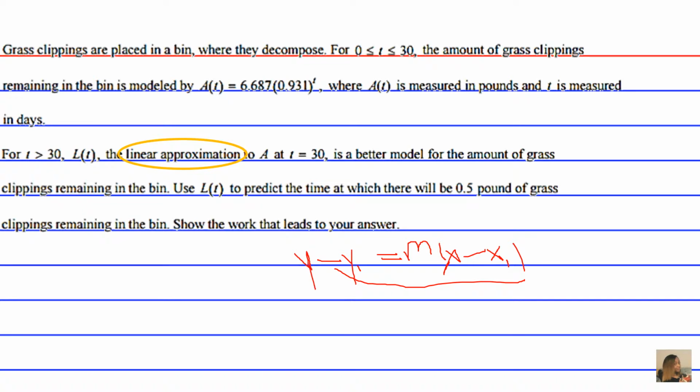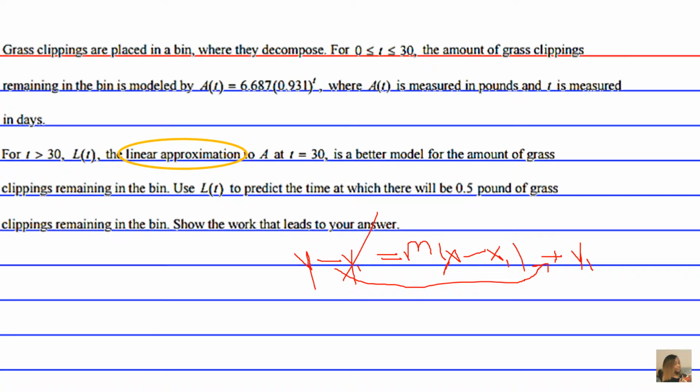And then if we opt to, you can bring y1 over to the right-hand side of the equation, leaving the y by itself. Okay, so that's what we're going to do.